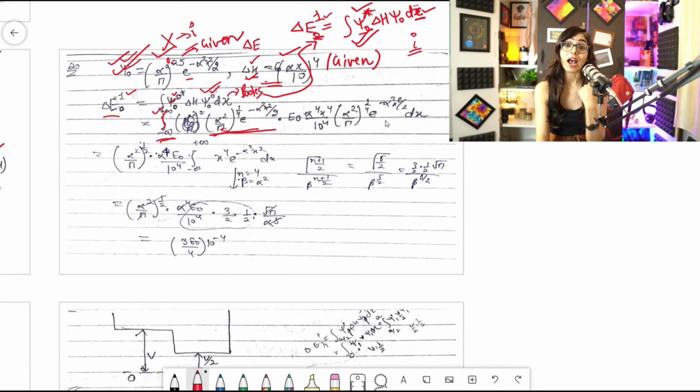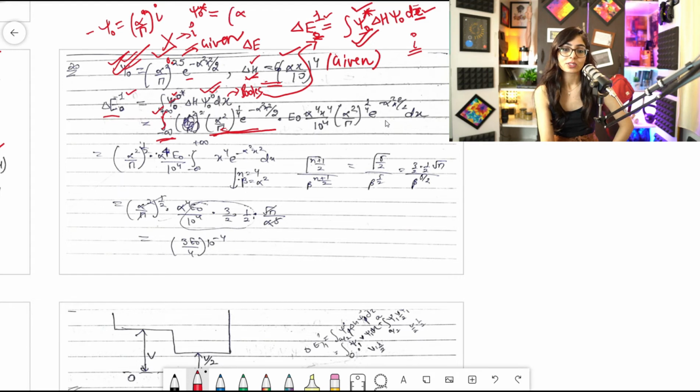Otherwise, if this psi naught had an i, something like alpha square by pi and i, then if you put star here, it would look like alpha square by pi and minus i. Simply plus i will convert into minus i, but this happens only with i.